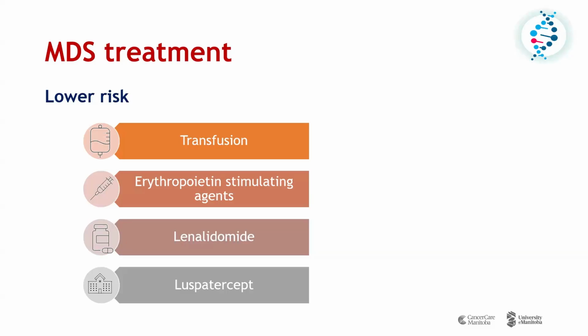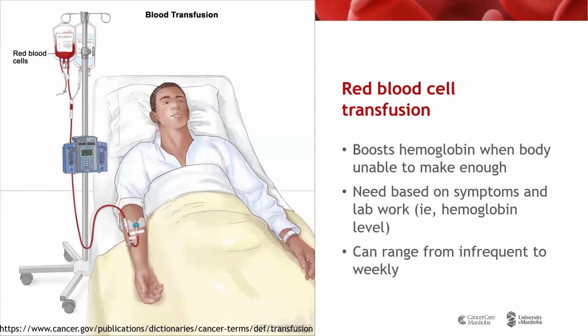So really for MDS of all subtypes, red blood cell transfusions are kind of the backbone. Often we're trying to prevent the need for blood transfusions in the first place, but in the setting where we're unable to do so, this is really the mainstay of therapy. I think of red blood cell transfusions as the equivalent of dialysis in kidney patients. When your bone marrow is unable to make blood cells effectively, eventually the tank becomes emptier and emptier.